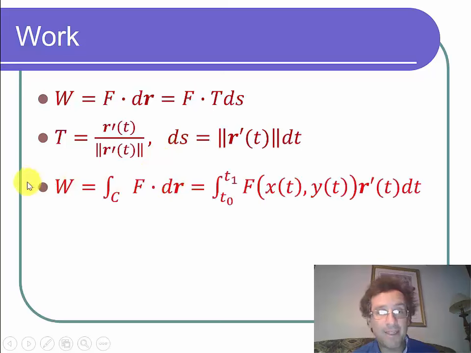So what we're left with is that the work is the line integral over C of F dot dr, which is equal to the integral from t0 to t1 of F, the force function, of x of t, y of t, times r prime of t dt. You don't need magnitudes because they cancel.